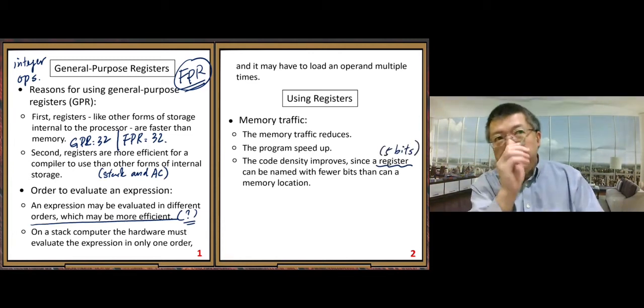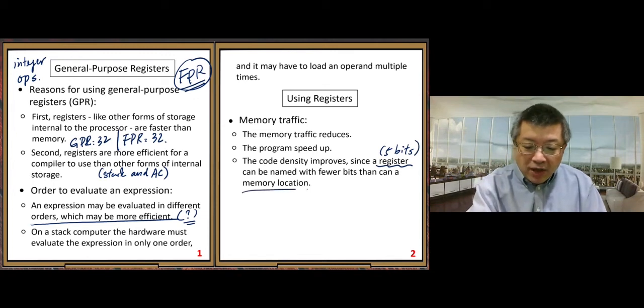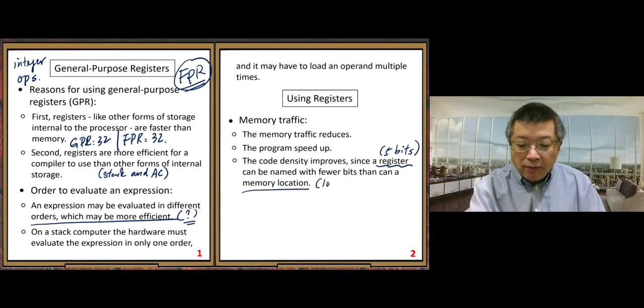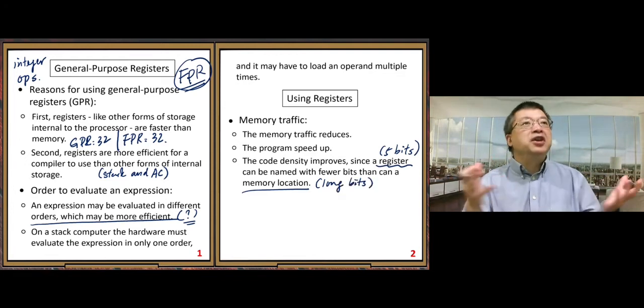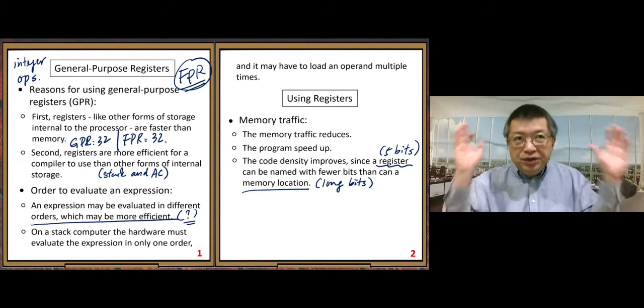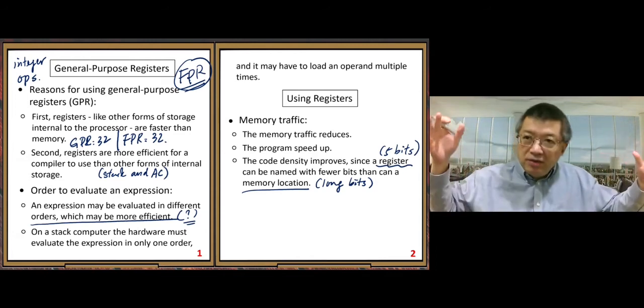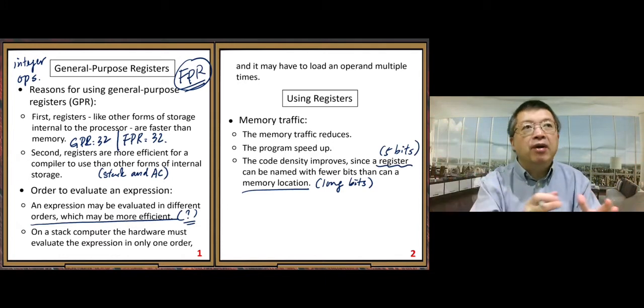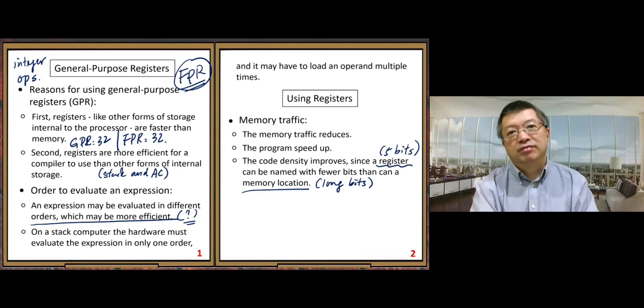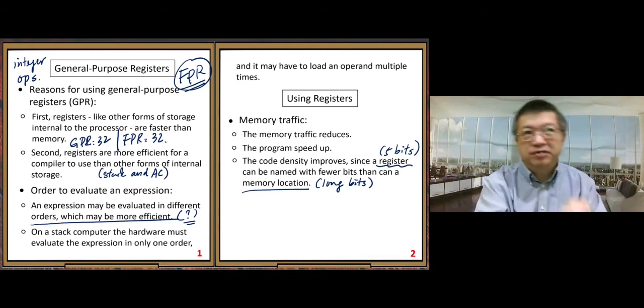You can avoid using a memory location, which needs long bits. In that way, your code density improves. You do the same thing, but your instructions need fewer bits. That's the code density improved.